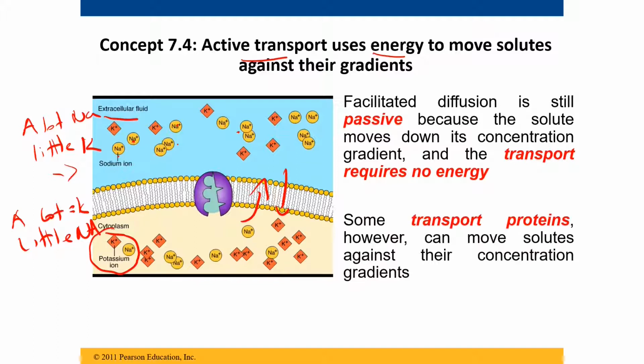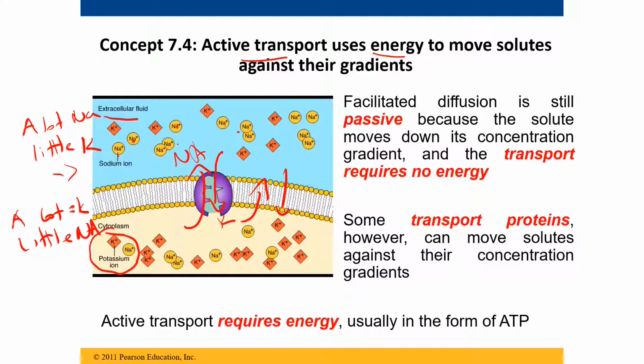However, in the case of living organisms, we need to get rid of sodium and we have to bring more potassium in. So we have to go against the gradient. And to do that, we need some transport proteins that use a mechanism to go against the gradient, and to do that they require spending energy, usually in the form of ATP.